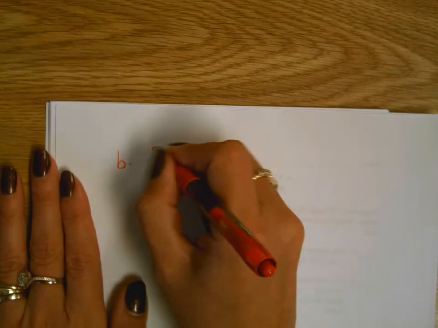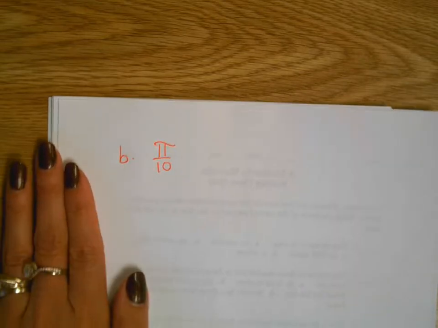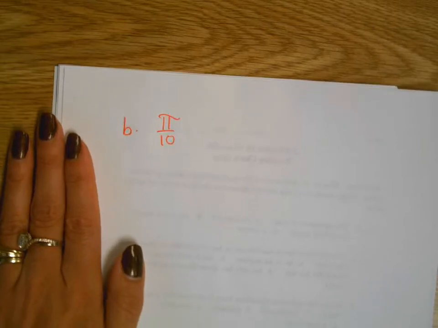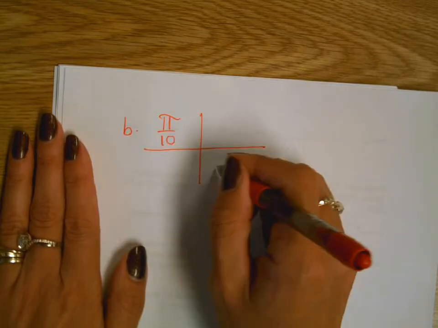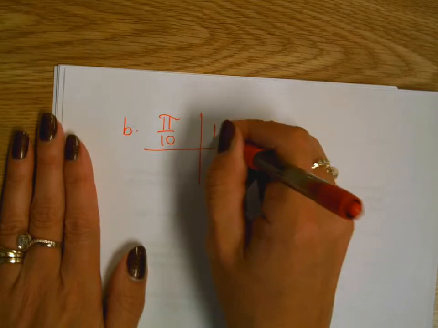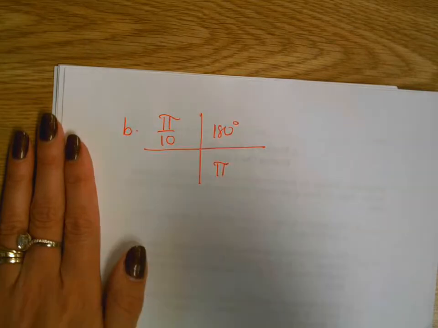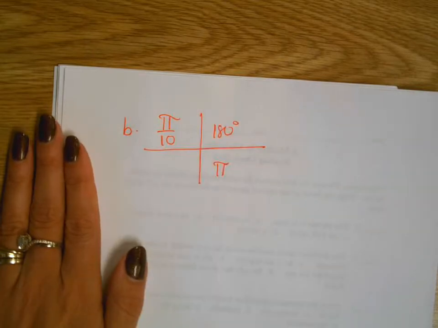Pi over 10 radian. So again, our conversion has 180 and pi. We're dividing by the pi to get rid of it, multiplying by the 180 degrees. So it's just flipped around. Out of radians, you divide by pi. Into degrees, you multiply by the 180.